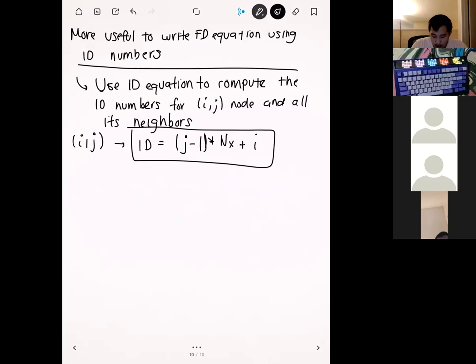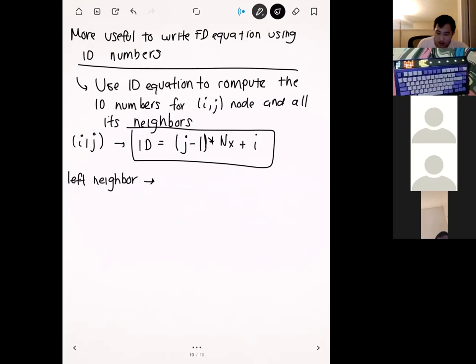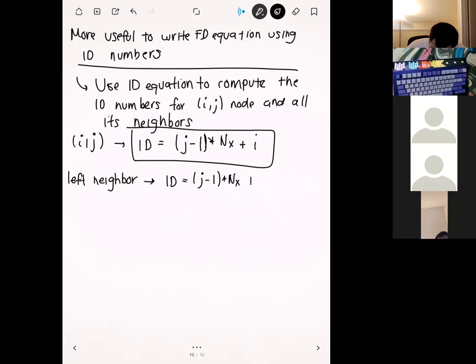Now let's write out the ID number for the left neighbor. Relative to i comma j, it's going to have i minus 1. So let's write out the same ID equation, but instead of i, substitute i minus 1. So ID is going to be j minus 1 times nx plus i minus 1.